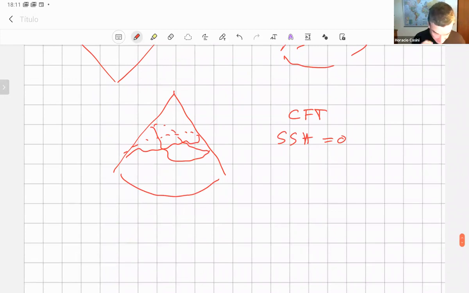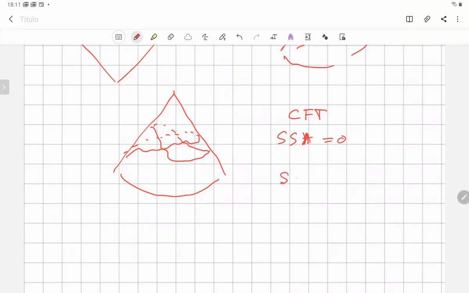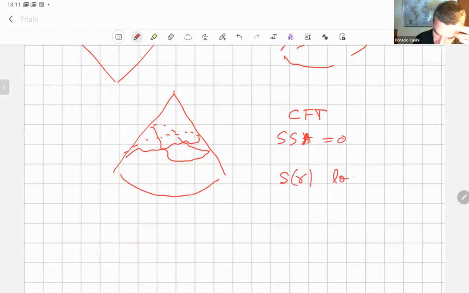So what does this tell you? That somehow the entropy as a function of gamma for a conformal field theory is a local functional of gamma on the null cone.